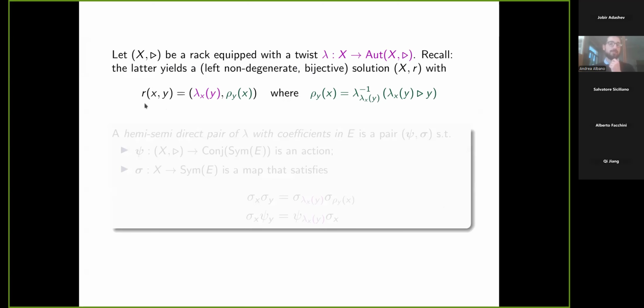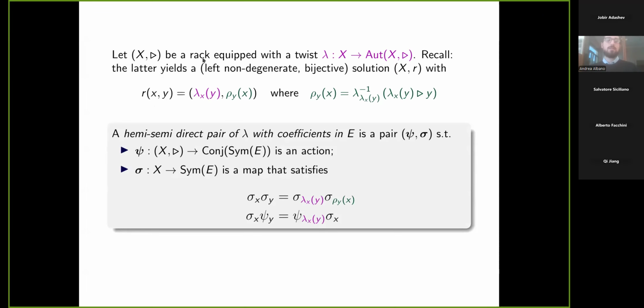Recall also that given such a context where you have a rack and a twist, you can produce a solution, a left non-degenerate bijective one, because we are considering a rack solution to the Yang-Baxter equation, where the R map is constructed in this way.